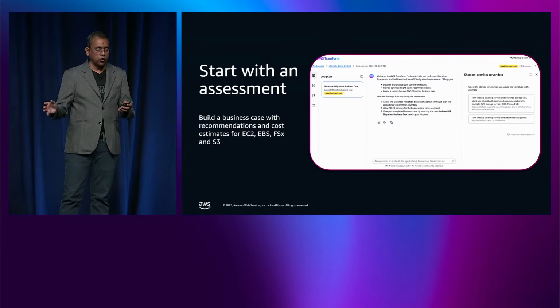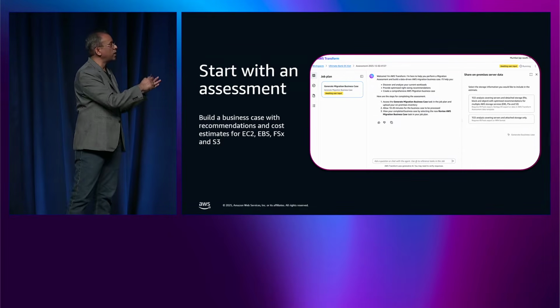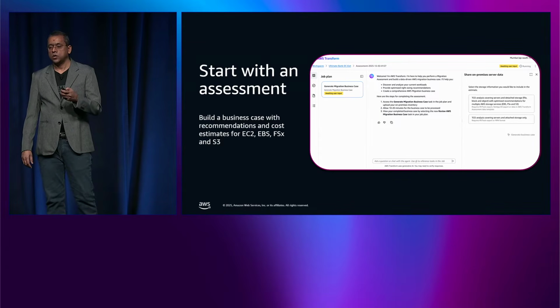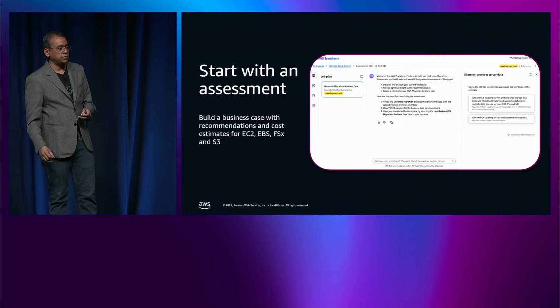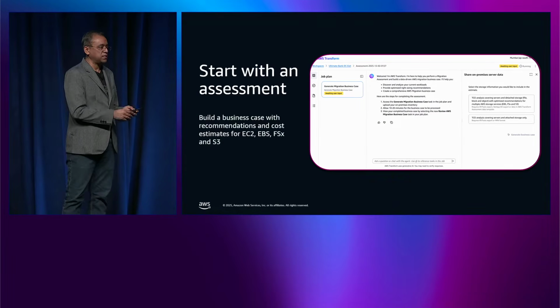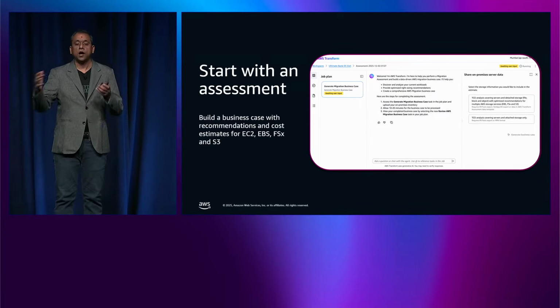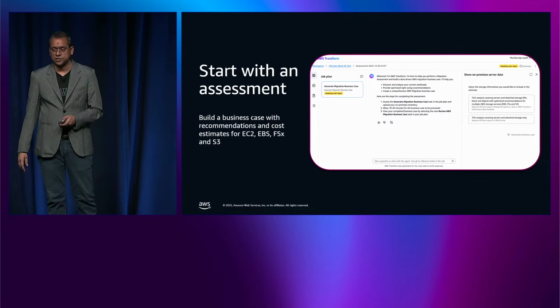You can look at whatever metadata that you have for your VMs, your storage, all of those things, provide it to the assessment agent, and the assessment agent is going to go ahead and create a business case for you. It will take care of right sizing, it will give you target infrastructure that you need to deploy, how much it will cost, what are the savings plans or other pricing related information.